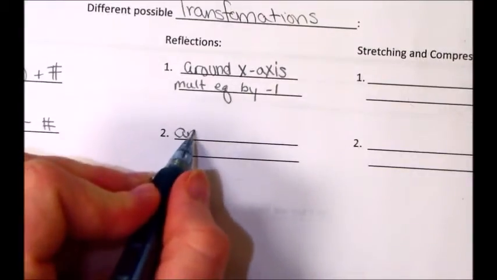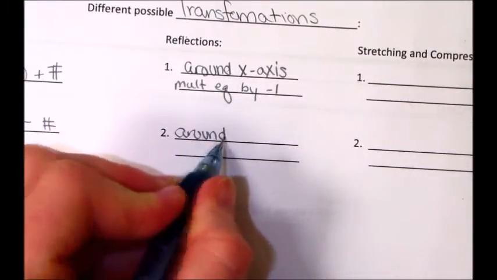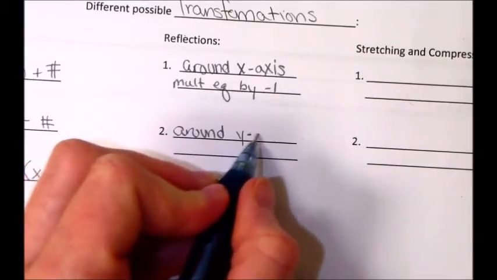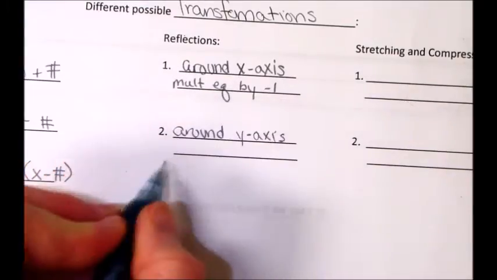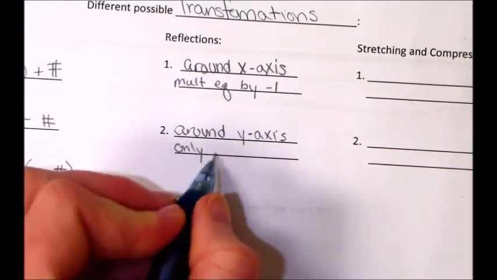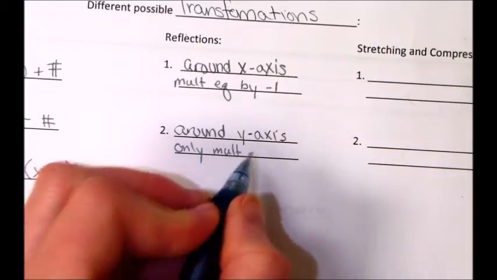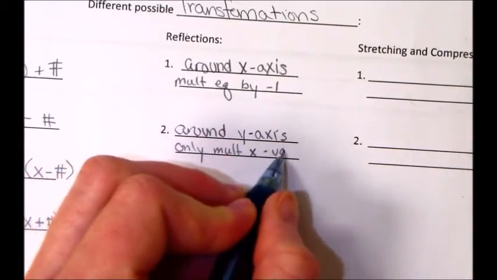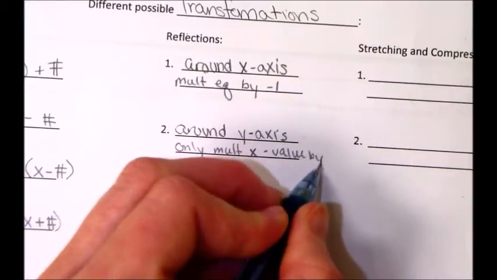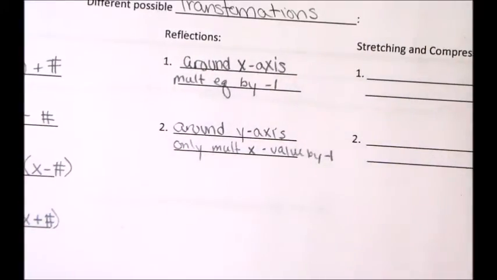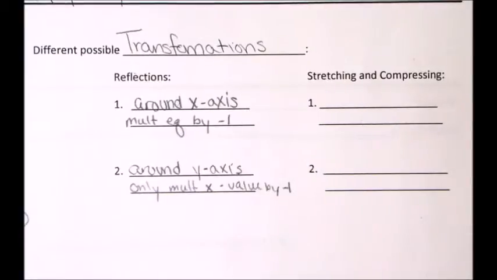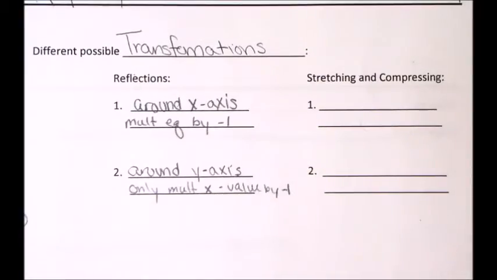If, on the other hand, we don't see this too much, if we're going to flip it around the y-axis, you only multiply the x value by -1. This one's hard to see, but I can show it to you. Stretching and compressing.